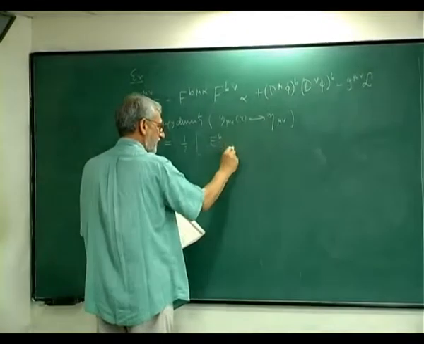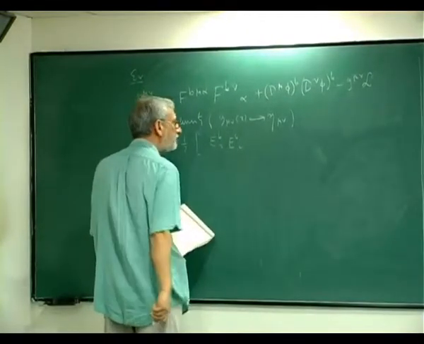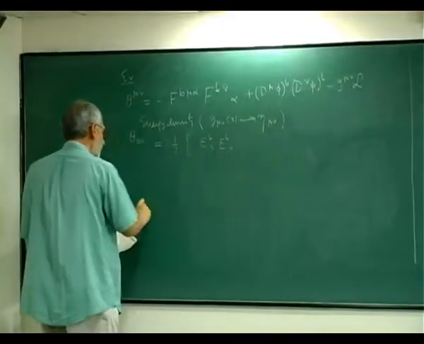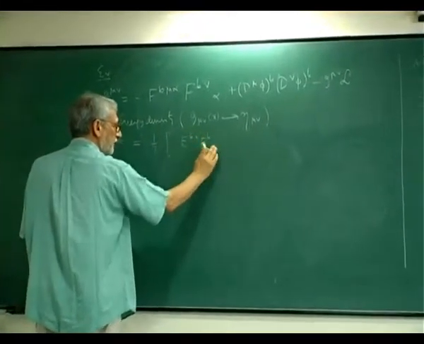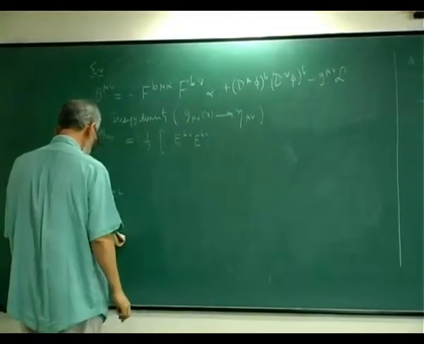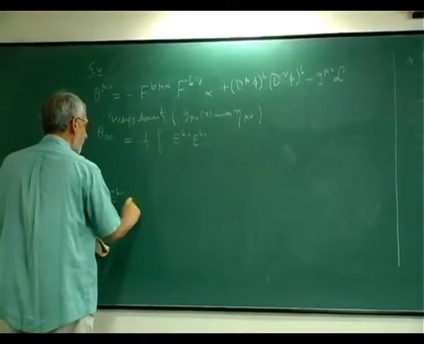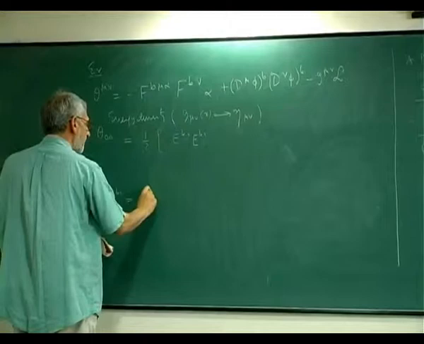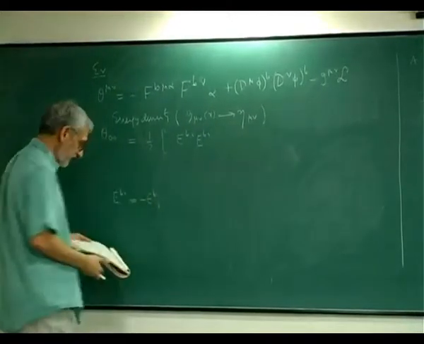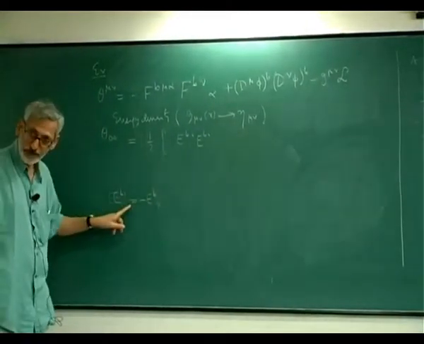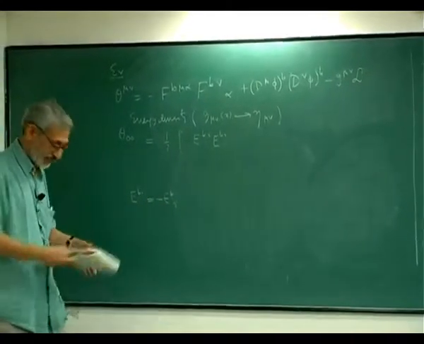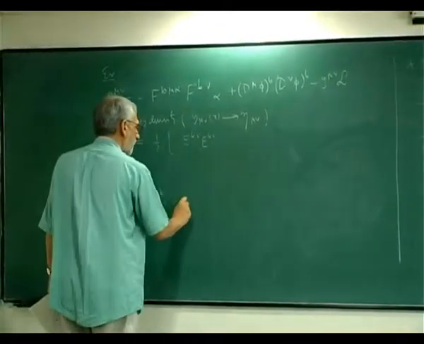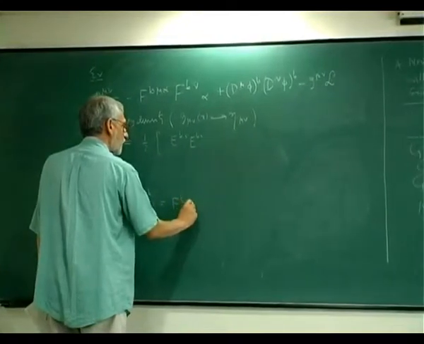E^B_i, where E^B_i is the same as E^B_i down, right? Because space-like indices, whenever they go up and down, there is a minus sign. And that object is F^B_{0i}.